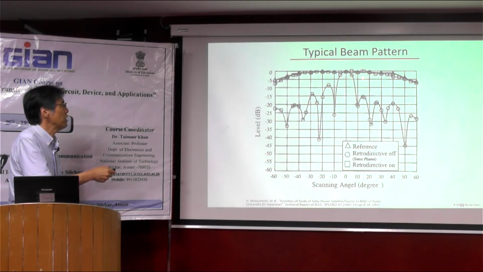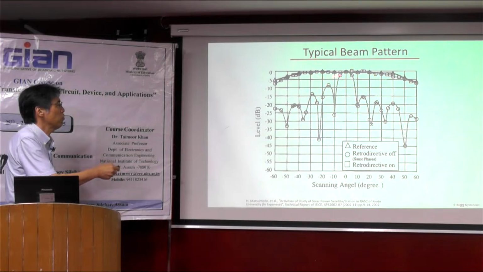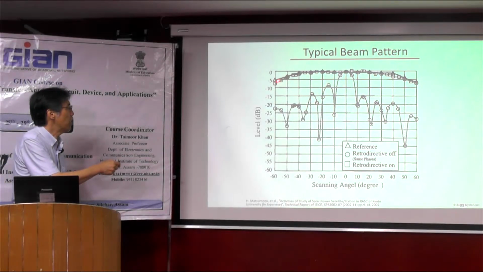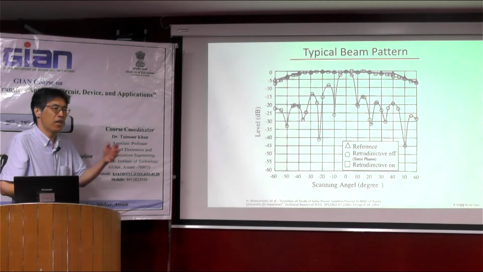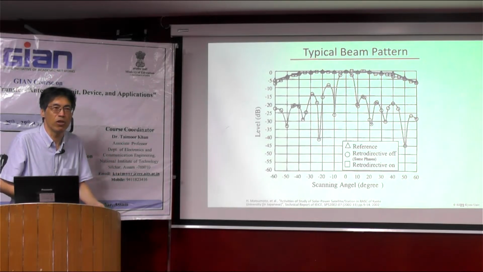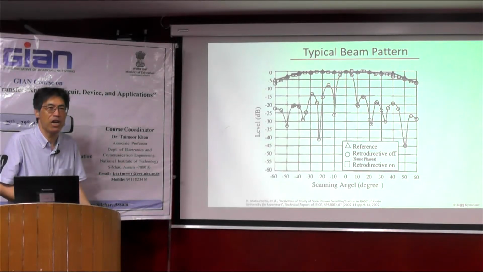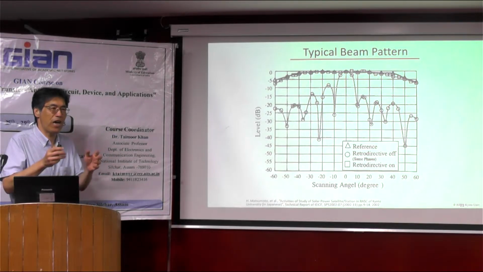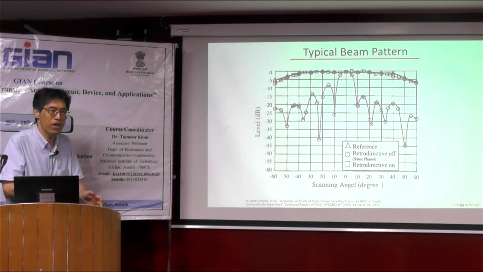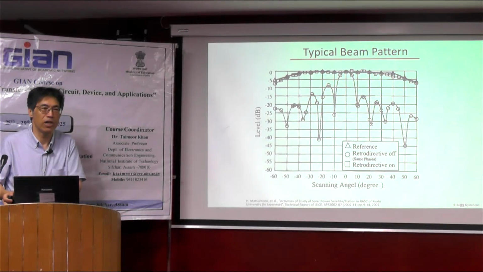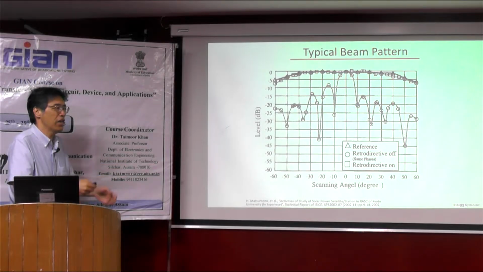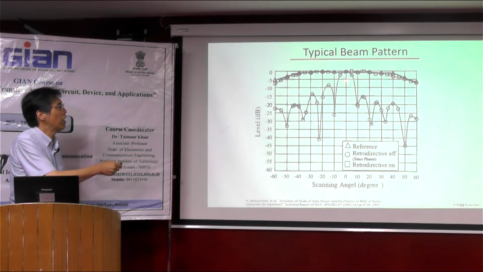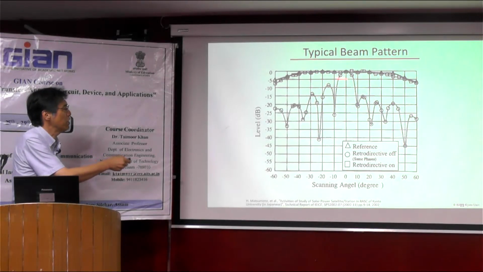And here you can see the peak power is not equal. So here some power decreases. Please remember the first lecture this afternoon. In the phased array antenna, the beam pattern can be calculated by the combination of the element factor multiplied by the array factor. So this retrodirective pattern erases the array factor, because this beam chases the target.